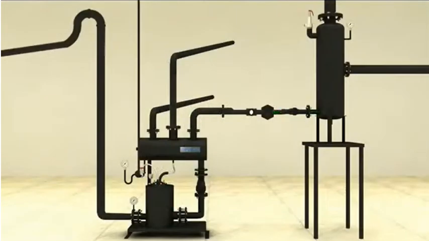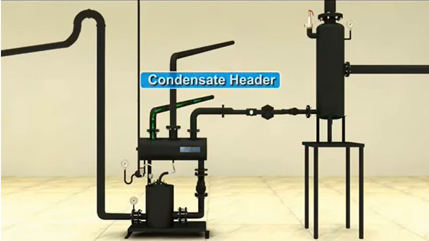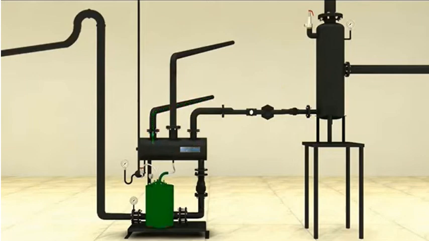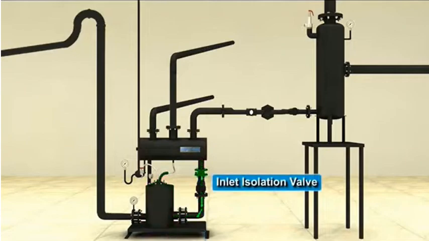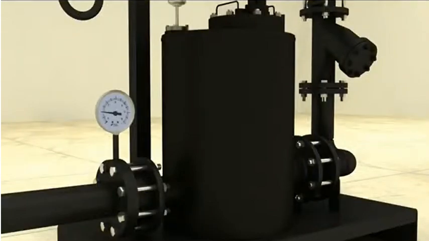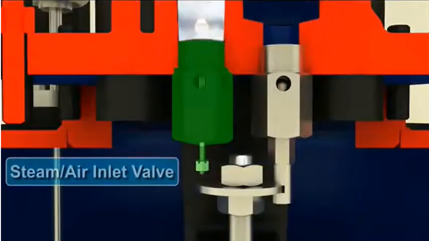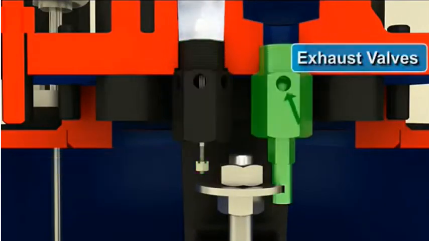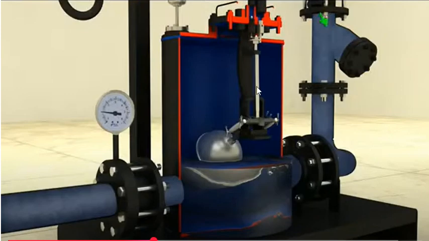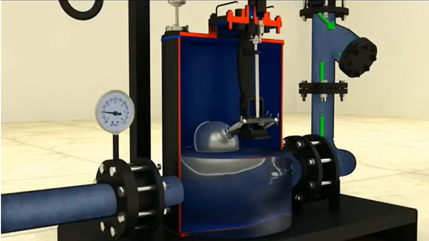The condensate is received from the plants to the flash vessel and transferred to the receiver. Also the condensate is received from the plants to the pumping body, and the float is at the lowest position before startup. Then the steam and air inlet valves and the exhaust valves open when the condensate flows by gravity through the inlet check valve to the pump body.